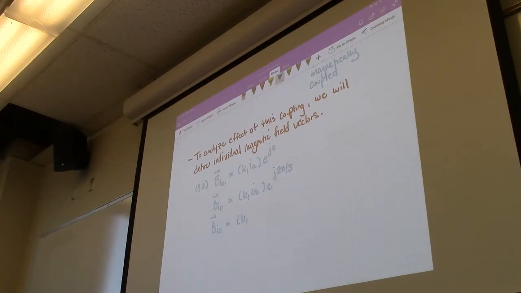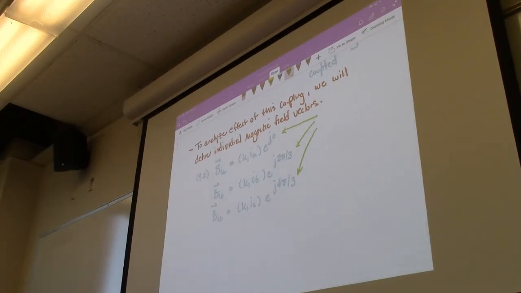Okay, so let's explain all the different pieces here. So the first thing is that these represent the spatial differences in the phase windings.